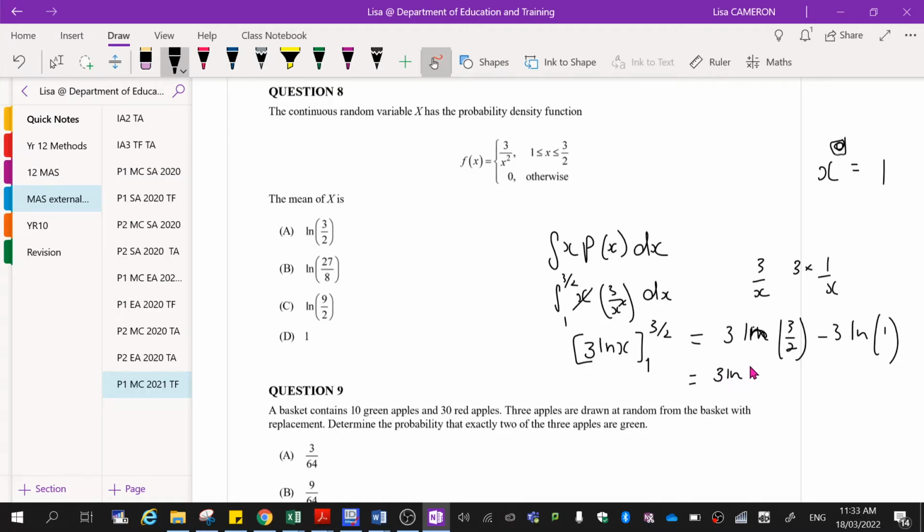So now I've got 3 ln 3 over 2. This will come up and act like a power. So now I have to multiply all the powers on the inside of the bracket by the one on the outside. 3 to the power of 3 is 27. Do it on your fingers if you don't believe me. 2 to the power of 3 is 8. So that's going to be B.